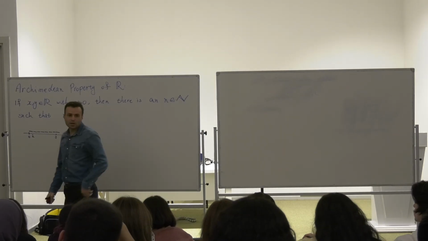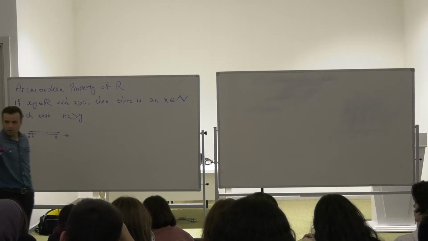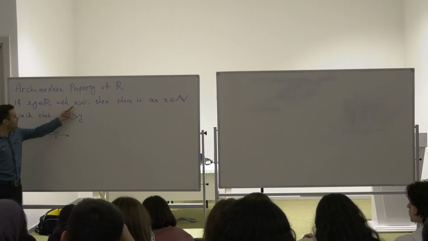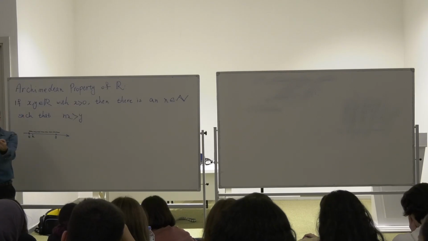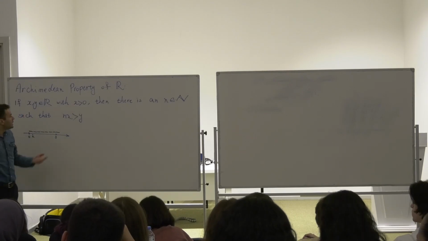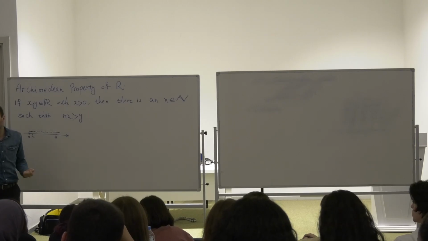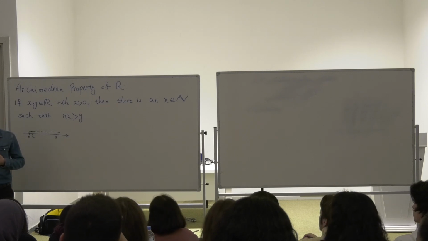But what does it mean for us? First of all, what we have said before. Here x and y are two arbitrary real numbers that I can take, right? Let's take x equal to 1, and y any real number that you want, preferably positive, because natural numbers are positive. Then what does it mean?